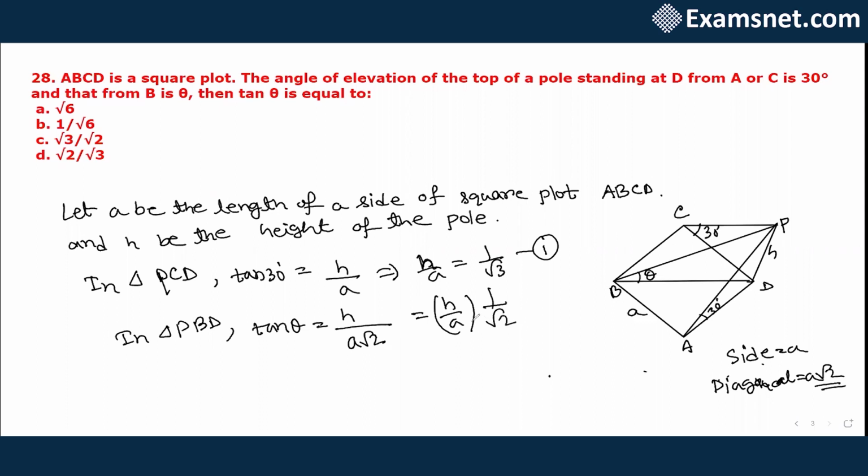We also can write it this way. So we already know the value of H by A from equation 1, that is 1 by root 3. Correct? So 1 by root 3, from 1, we can write 1 by root 6. So what is the value of tan theta? Tan theta is equal to 1 by root 6. So here option B is the correct answer.